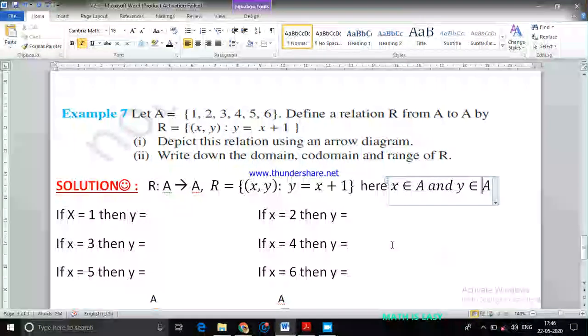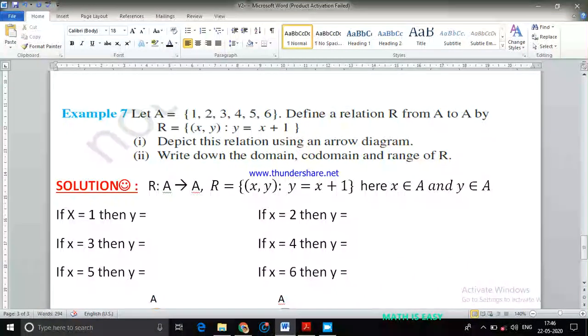Let me take x as an element of A. That means the x value can be 1, 2, 3, 4, 5 or 6. If x is 1, what would be the y value? Substituting, 1 plus 1, so y is 2. If x is 2, y is 2 plus 1, that is 3. If x is 3, 3 plus 1 is 4.